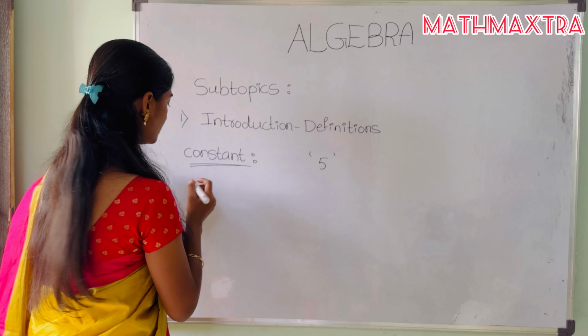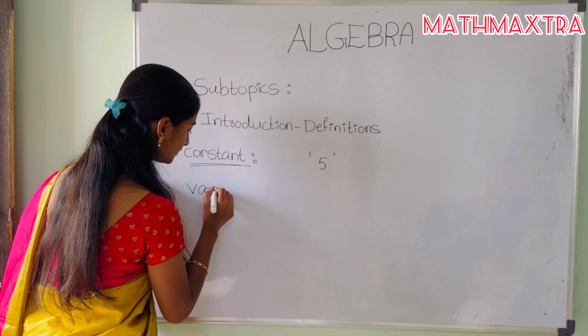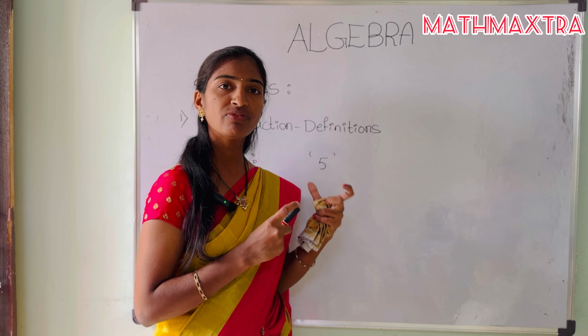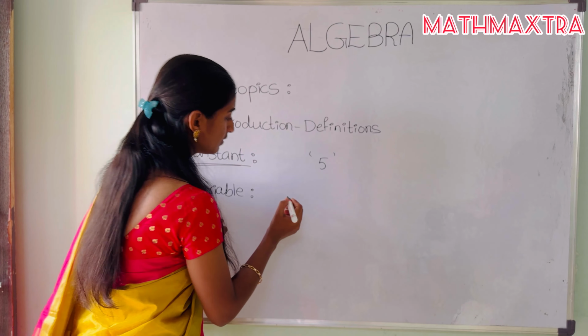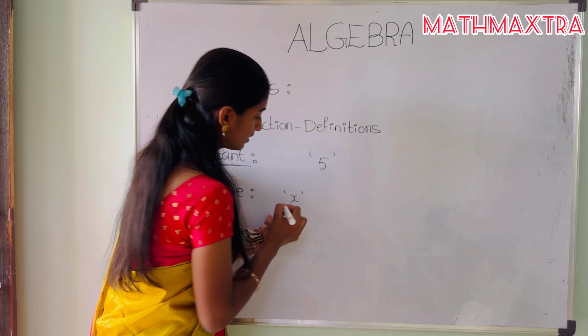Our second definition is variable. In this chapter, we use these terms very often, so we should be thorough with what exactly they mean. Variable is nothing but something whose value depends on the situation, meaning the value changes, it is not fixed. See, you take one alphabet, this is x.